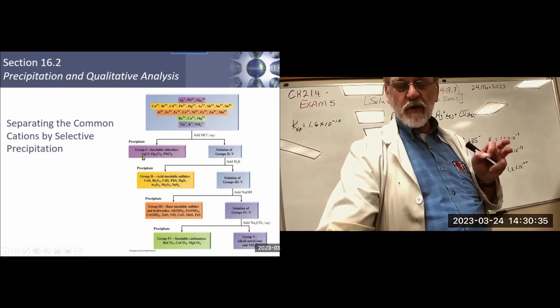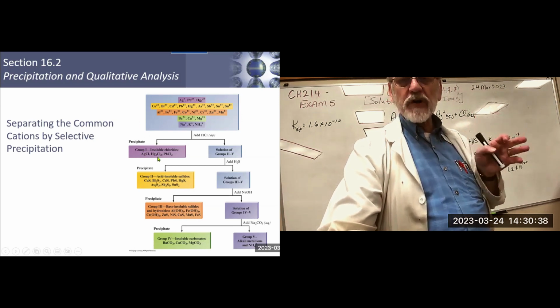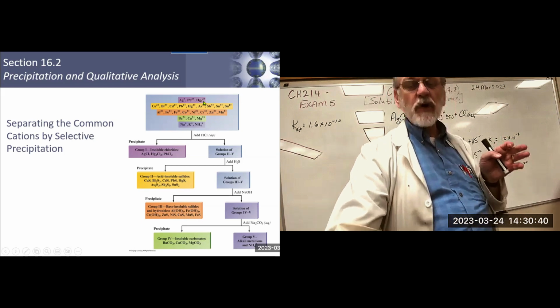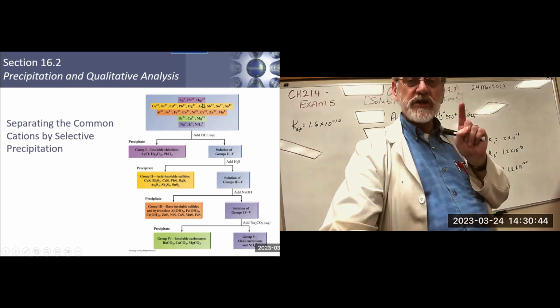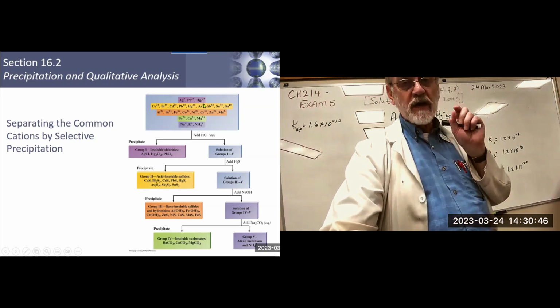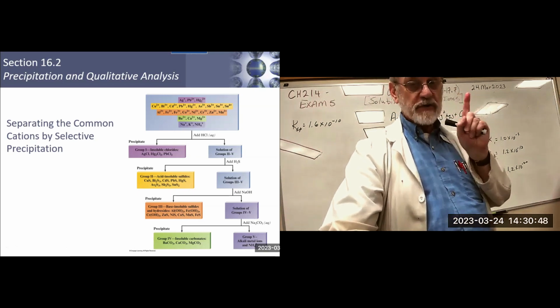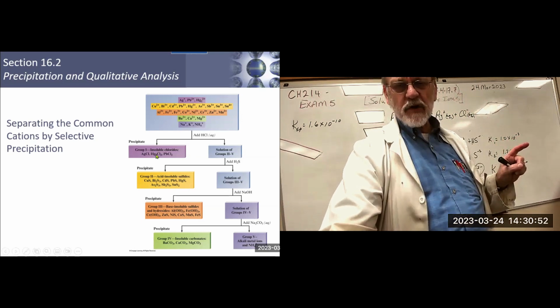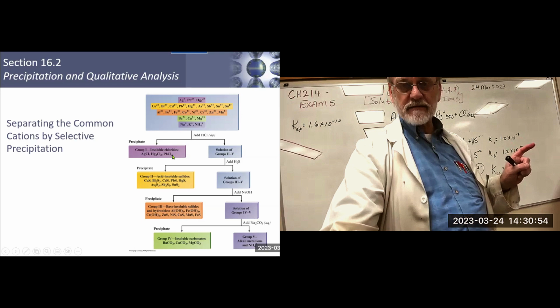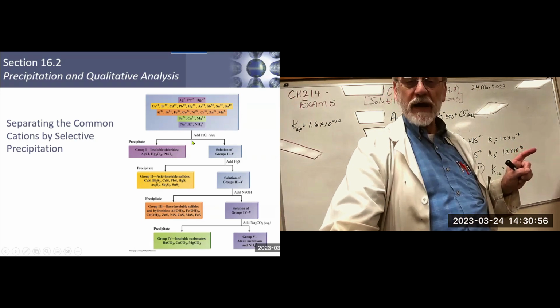And those will be silver chloride, mercury, right? Mercury 1, Hg2 with a 2+ charge means the charge on each mercury is +1. So we precipitate out the mercury 1 and the lead 2+ with the chloride.